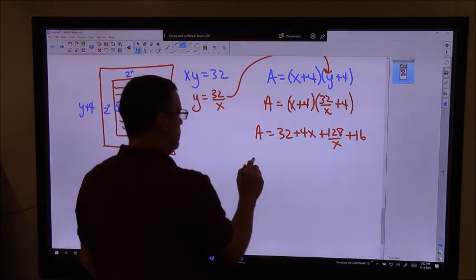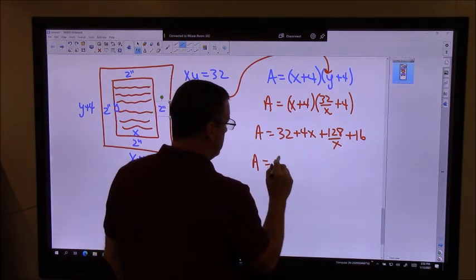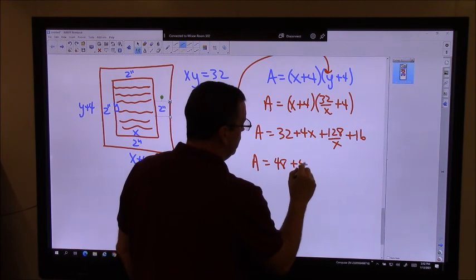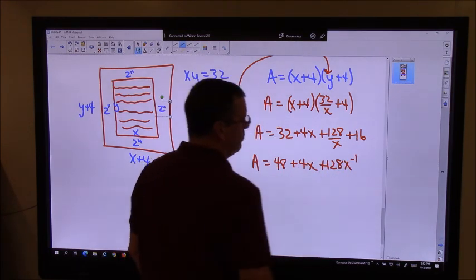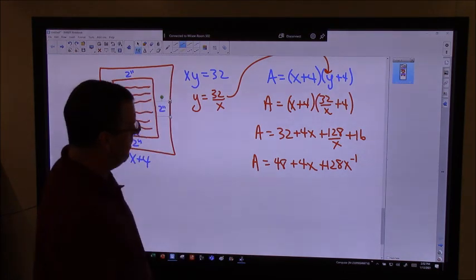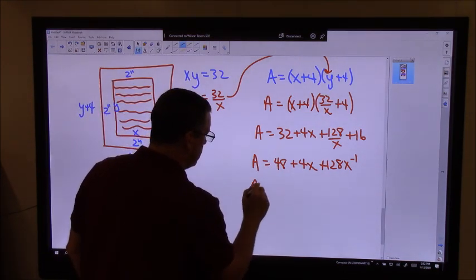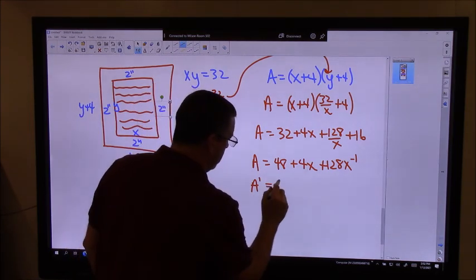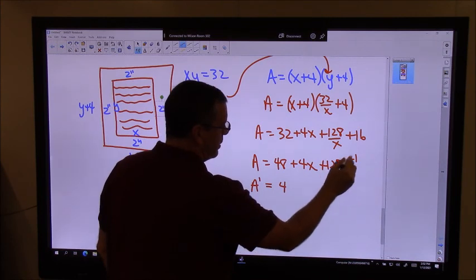And so that means that the area equals, if I add these, I get 48 plus 4x plus 128x to the negative 1. And now I'll take the derivative. The derivative of this is going to be 0. Derivative of this would be 4. Here I'll get a negative 128x to the negative 2.